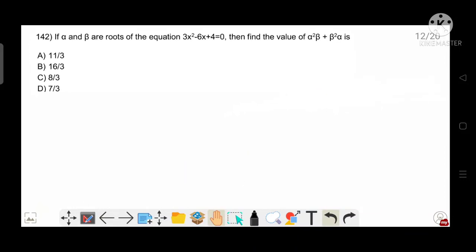If alpha and beta are the roots of the equation, then find alpha square plus beta square.